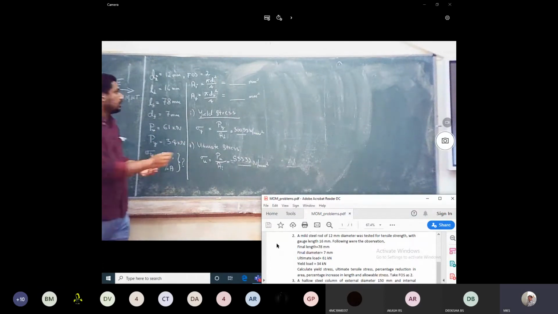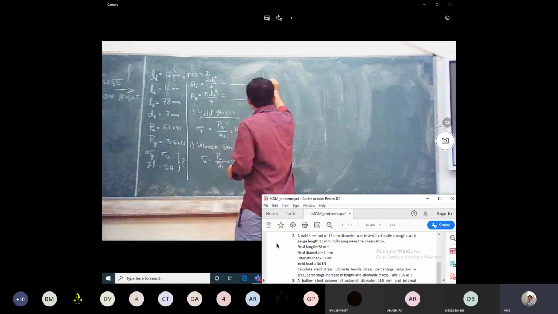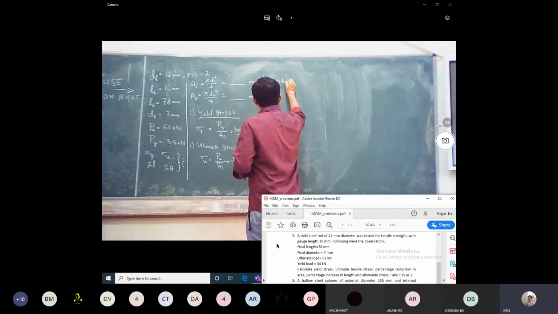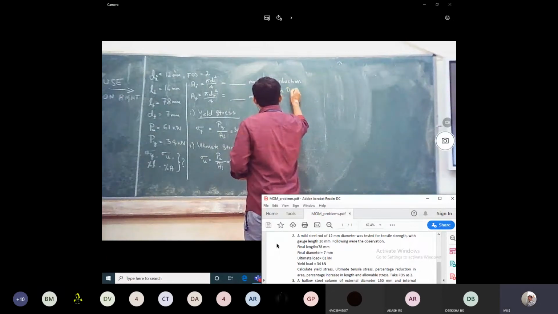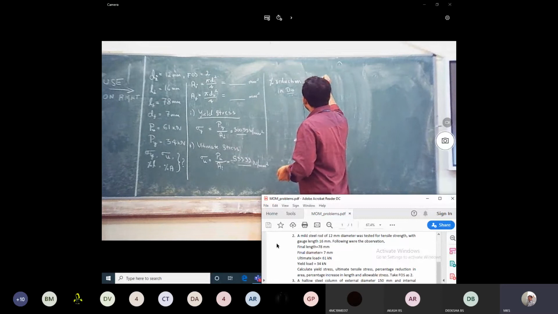So next one is the percentage reduction in diameter. Percentage reduction is equal to initial area AI minus final area AF, divided by initial area, into 100.